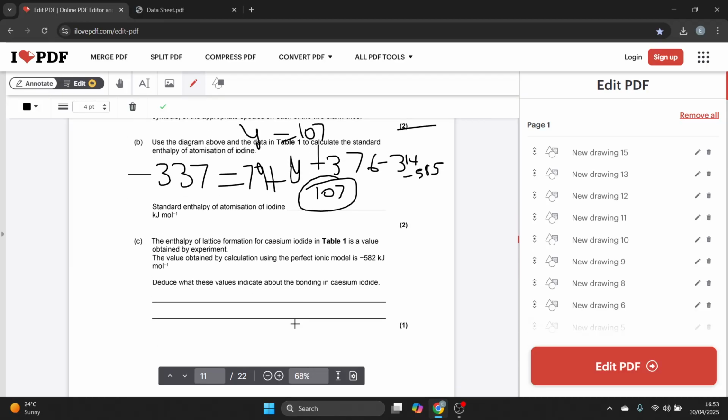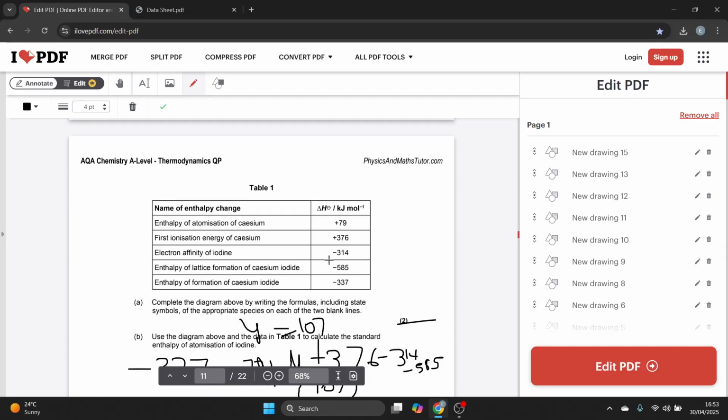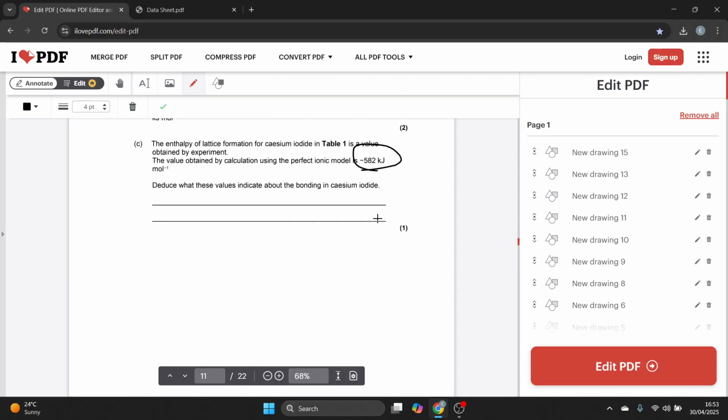The enthalpy of lattice formation of cesium iodide is a value obtained by experiment. The value obtained by calculation is minus 582. Enthalpy of lattice formation of cesium iodide, minus 585, minus 582. Well, they're very, very similar, so I'm just going to talk about that. Now, there's two things you could say.